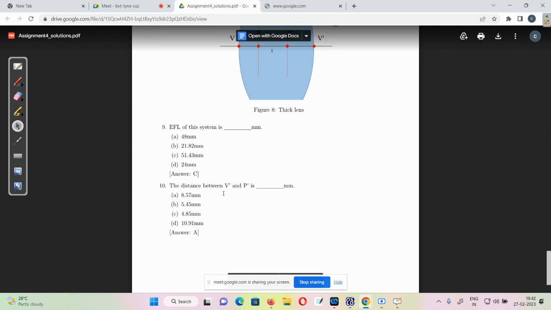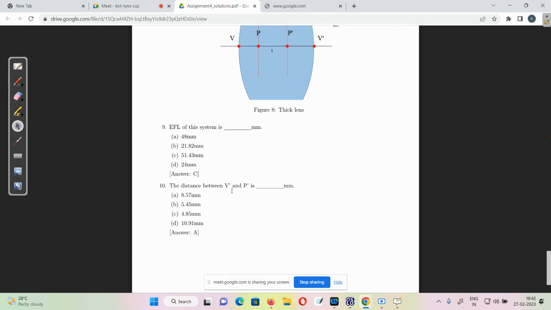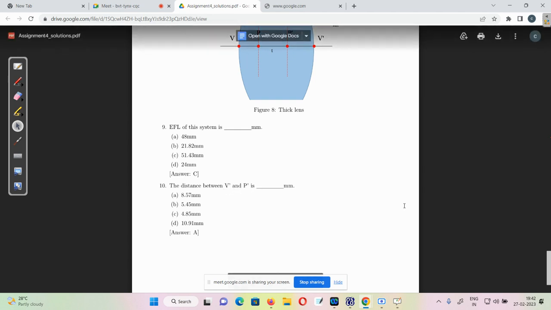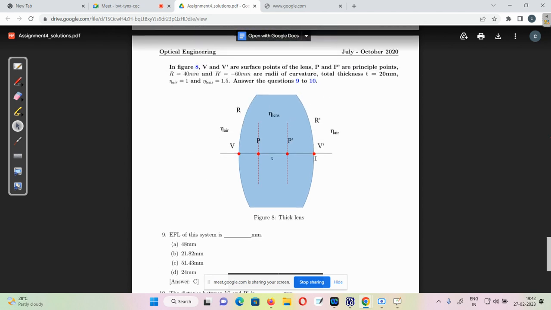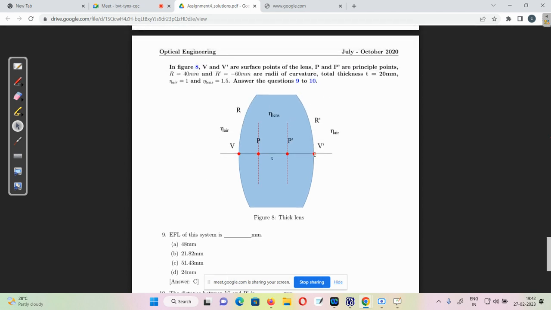Now see the distance between P prime and V prime. V prime is actually one of the surfaces. So I want the exact position of my P prime.